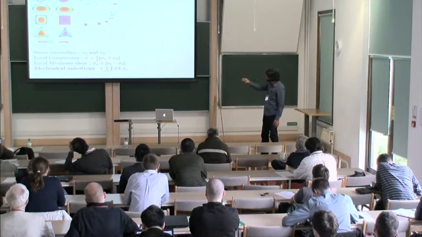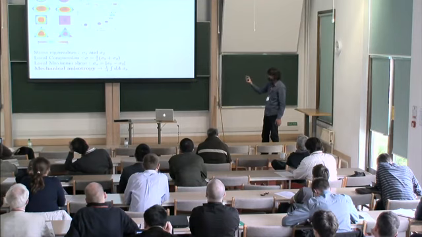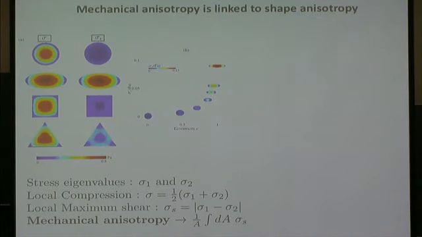And you see that if you plot this mechanical anisotropy versus the eccentricity of the ellipse, which gives you the shape anisotropy of the ellipse, you see a direct positive correlation between the two quantities: cells which are more elongated will be mechanically more anisotropic.